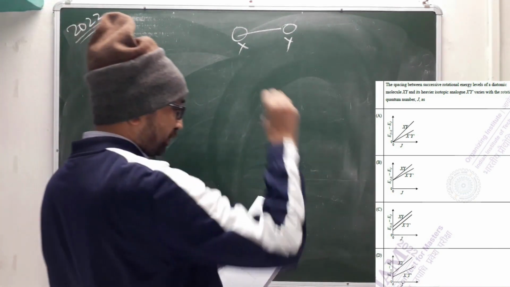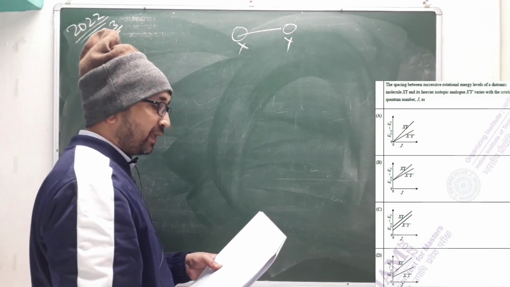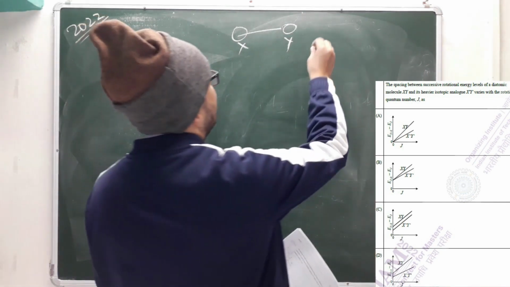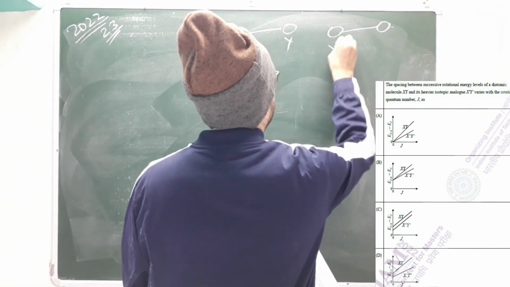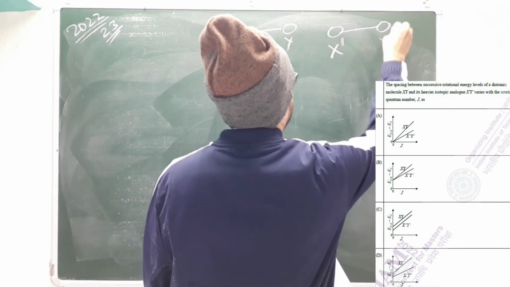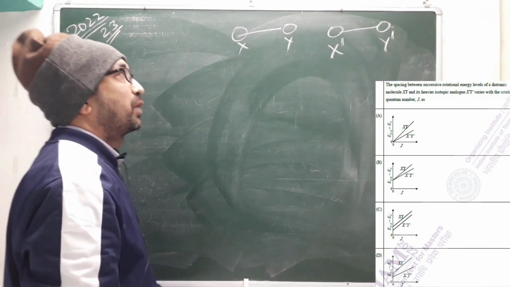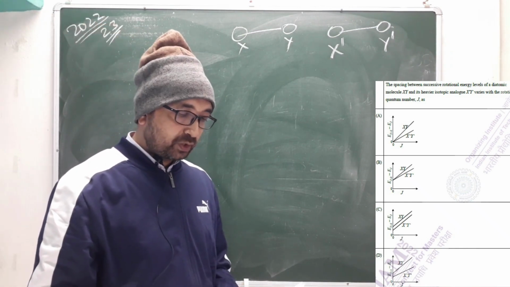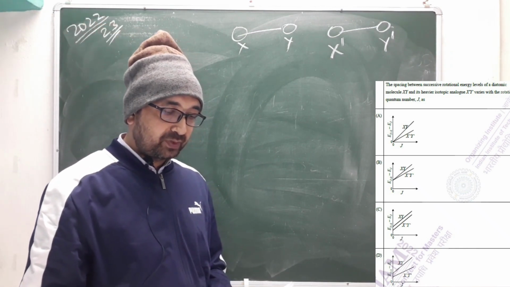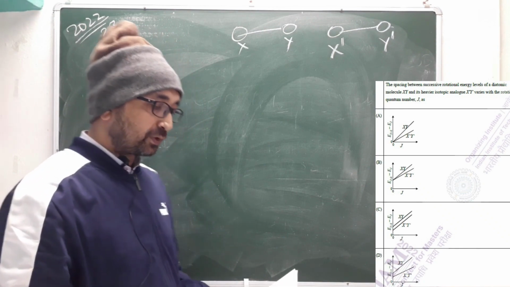X prime and Y prime also it has given. It varies with the rotational quantum number J, and they are asking about the spacing between successive rotational levels of the diatomic.